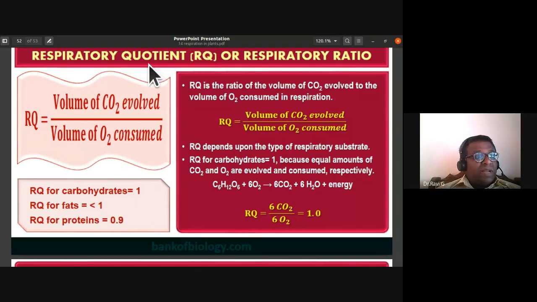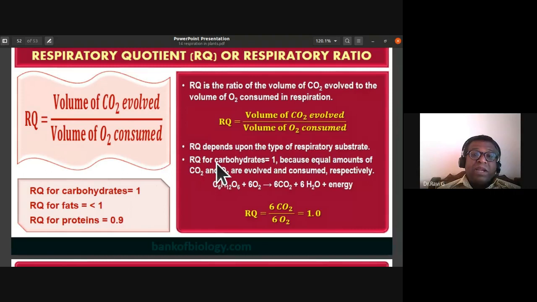The respiratory quotient is the volume of carbon dioxide evolved to the volume of oxygen consumed during the respiration process. For carbohydrate it equals 1 because 6 carbon dioxide are liberated and 6 oxygen are consumed, so 6 divided by 6 equals 1. The RQ value depends upon the type of respiratory substrate.